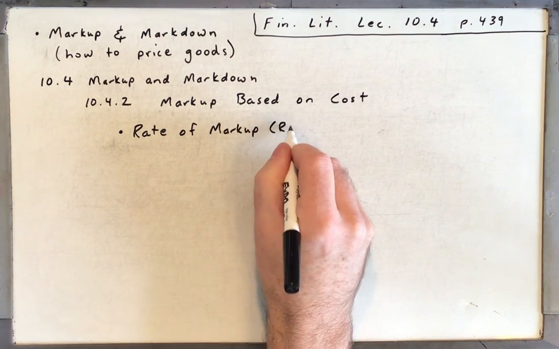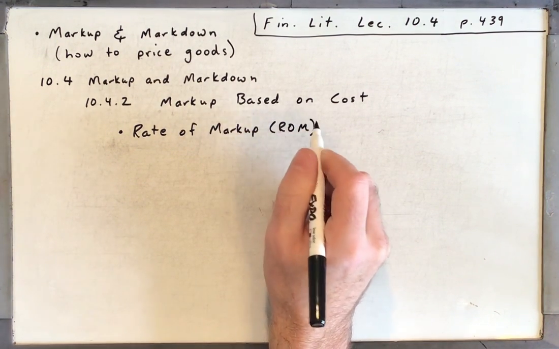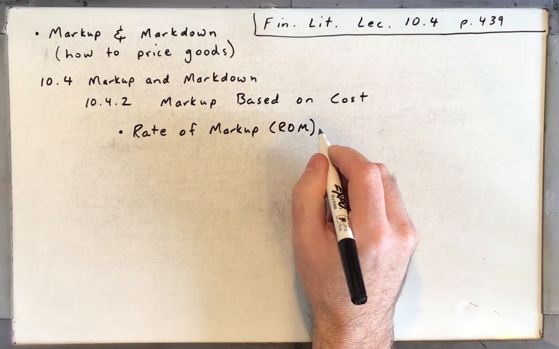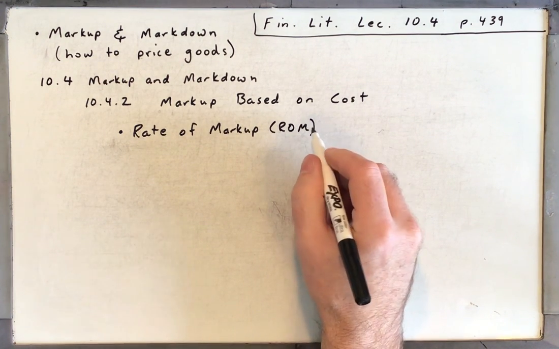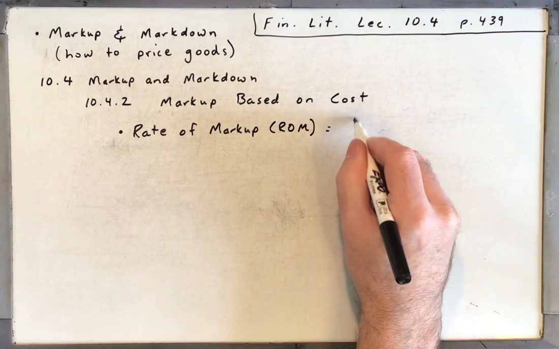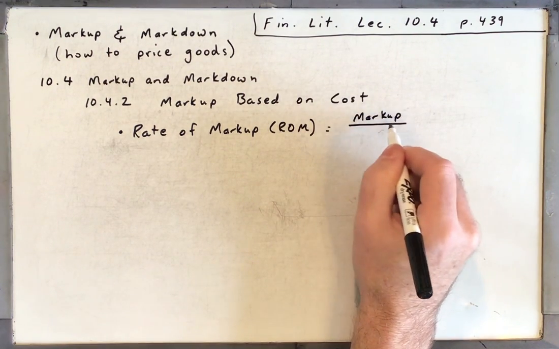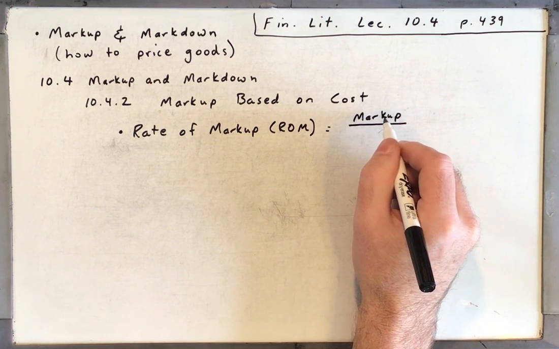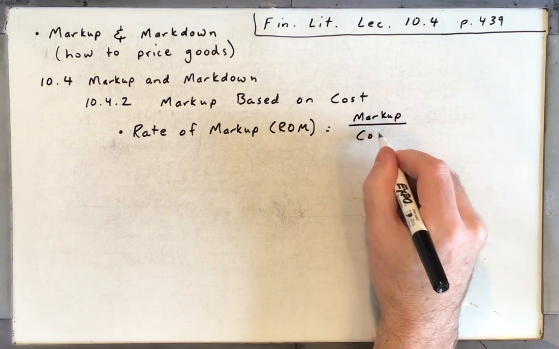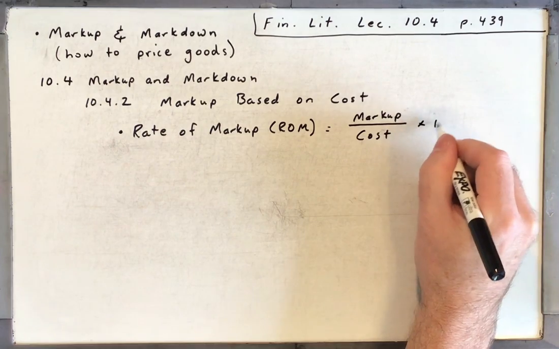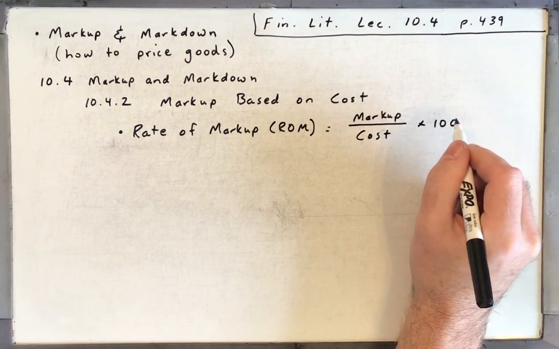So I'll abbreviate that ROM from now on. But the rate of markup is equal to the markup, the dollar amount of the markup, divided by the cost times 100. All right, as simple as that.